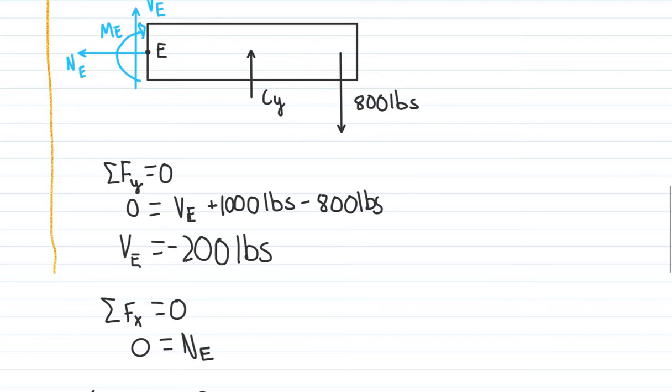The shear force at E equals negative 200 pounds. So we have assumed the wrong direction, and VE is equal to 200 pounds downward.